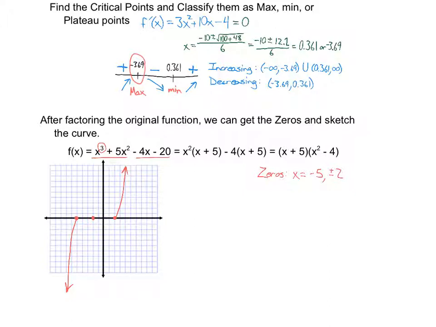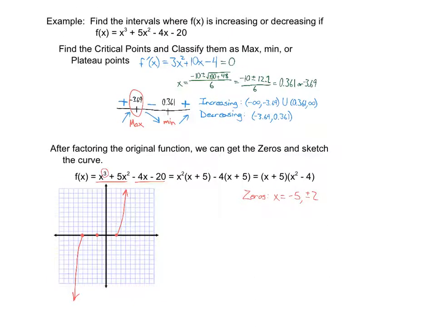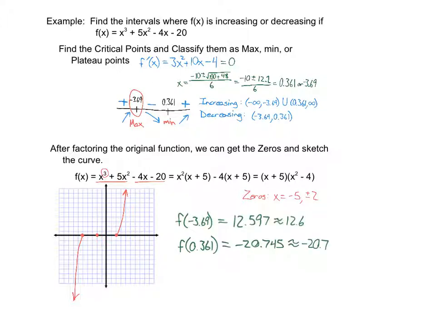So, to find the actual points, what do we need to do? Plug them into the original equation, that's right, okay? So now we need to do f of negative 3.69 and f of 0.361 and find what the y coordinates are. Okay, so once I plug those into the calculator, I now know that my min point is 0.361, negative 20.7.